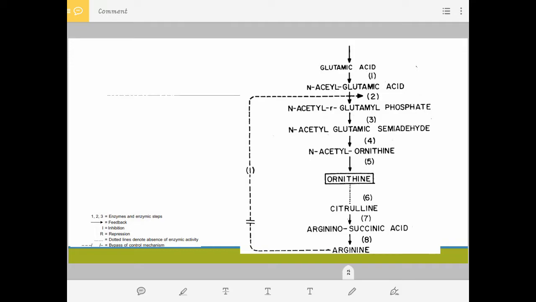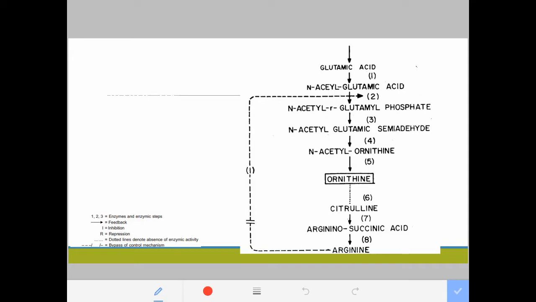The strategy here is that this pathway is regulated by feedback inhibition. Basically, the end product, which is arginine, inhibits the enzyme at the second reaction of the pathway, so enzyme 2. So in order to overproduce ornithine, they just destroy enzyme 6 here.